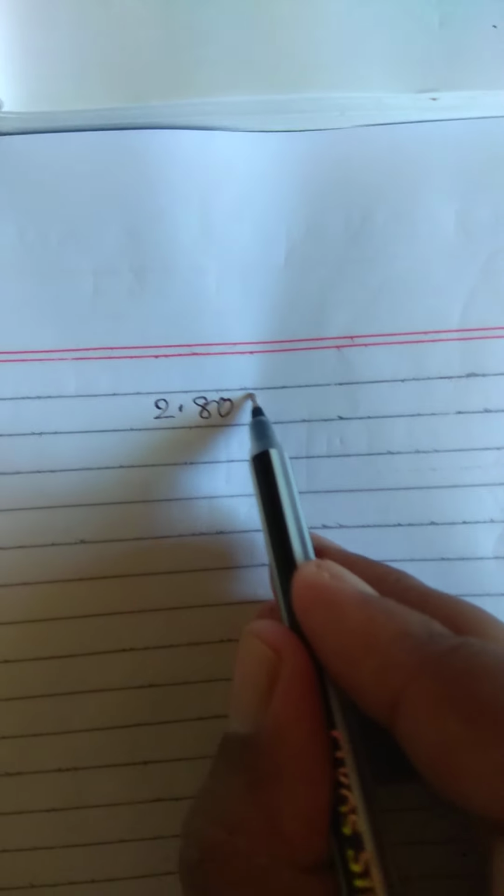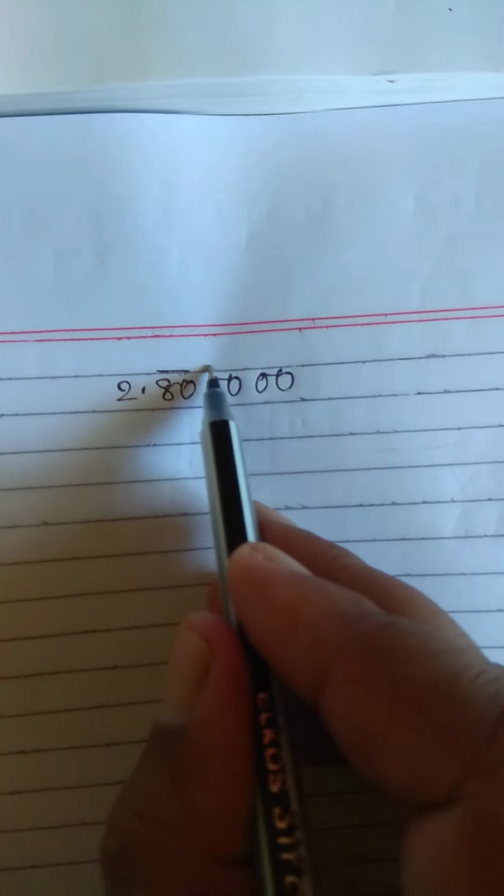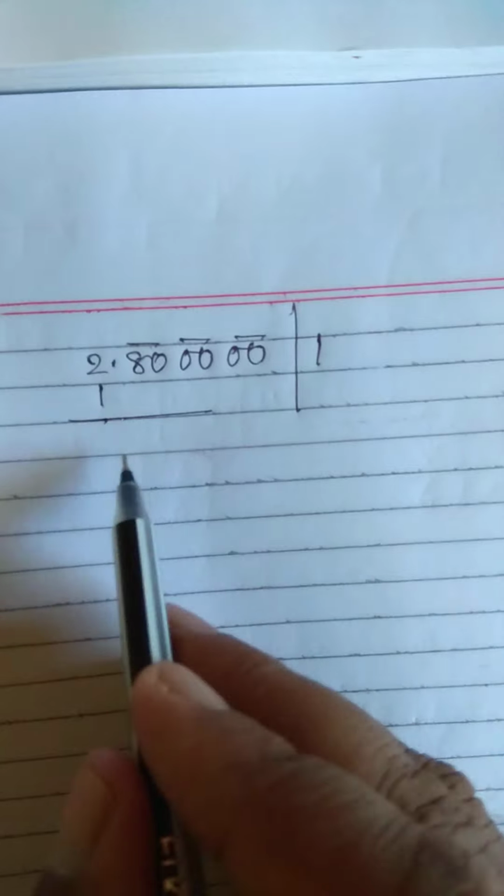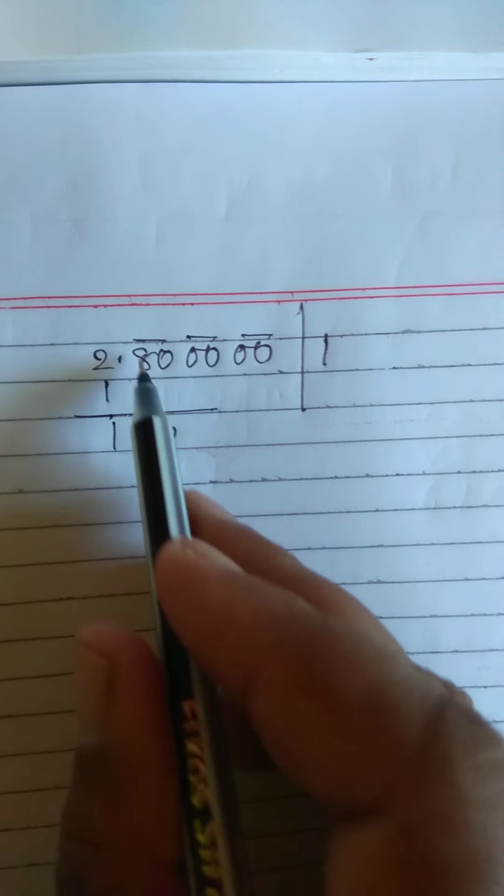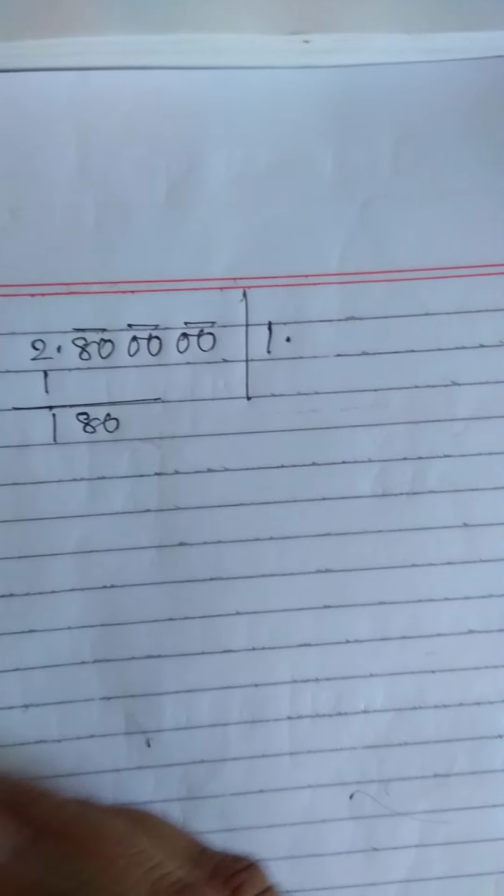Now consider any number of 0s, and after the decimal, first pair of digits, second pair, third pair, and so on. Now start division. 1 times 1 is 1. So 2 minus 1 is 1. Then after the decimal 8 0 is the first pair, and then there is the point.